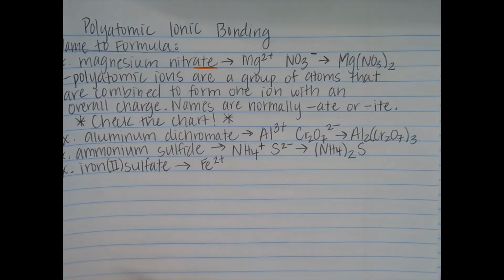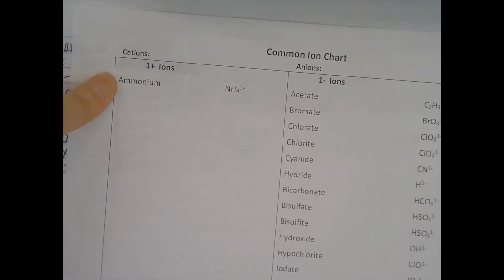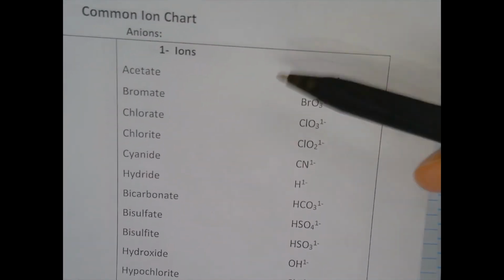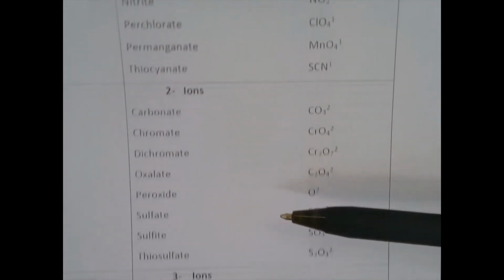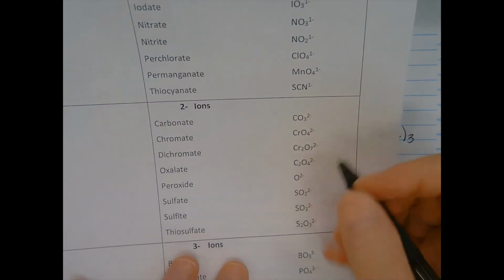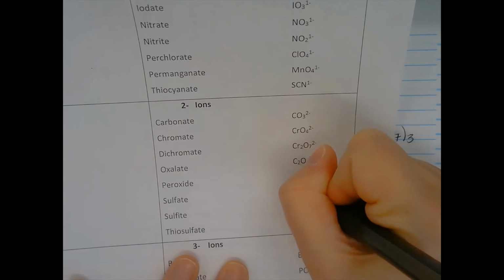The "ate" ending and the "ite" ending is like ding, ding, ding, check your chart. Okay? So if I look on my chart, there's only one positive cation, so that's not it. Plus it's written second, so I know that it can't be a cation. It has to be an anion. So it's not in my 1-, but it is in the 2-. So sulfate, ooh, that's a typo. Let's fix that.